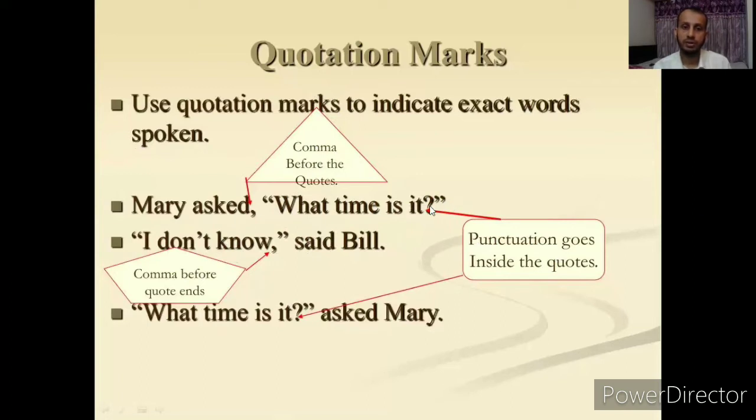Any kind of punctuation always will be inside of the quotation marks. Mind it. Here may be a question mark or a full stop, anything else, but all will be inside. Punctuation goes inside the quotes.